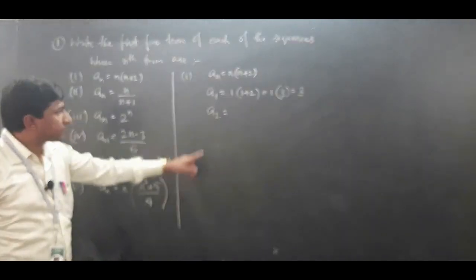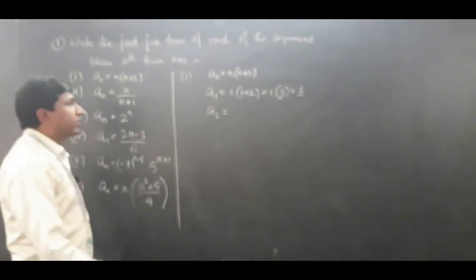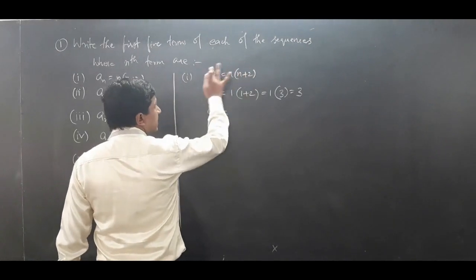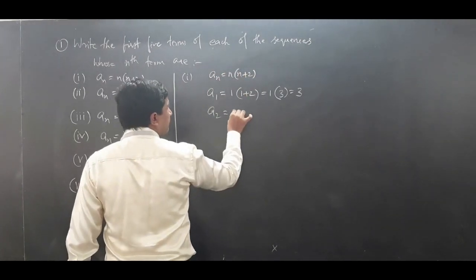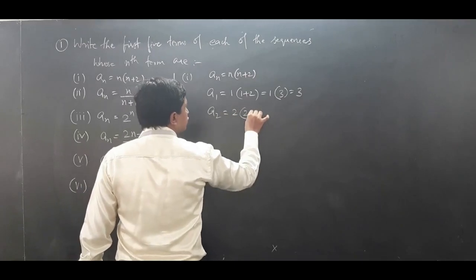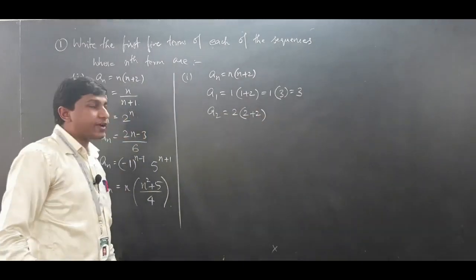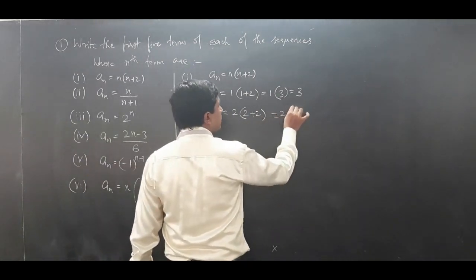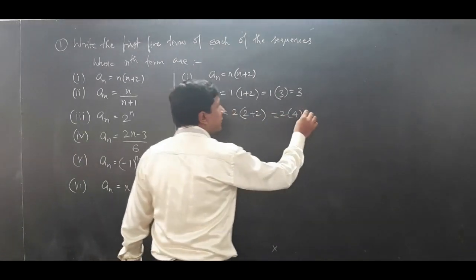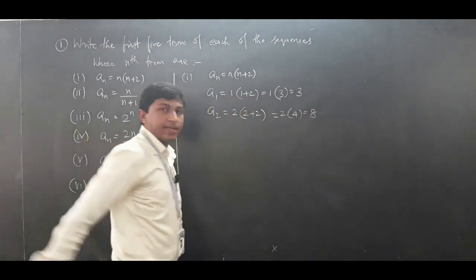A2, moving on, n equals 2. What happens? The same expression I have to put n equals 2. So, I get 2 into 2 plus 2, right? So 2 into 2 plus 2, 2 plus 2 is 4, 2 into 4 equals 8.